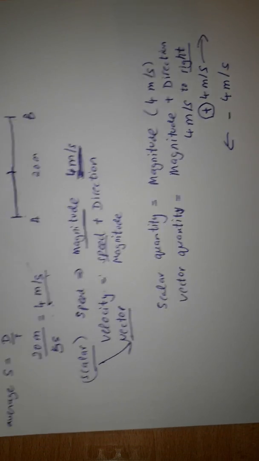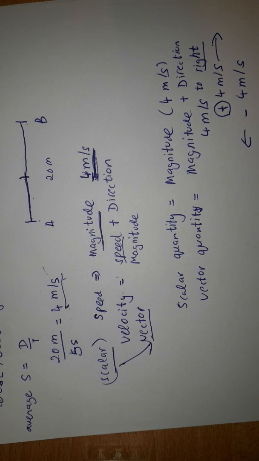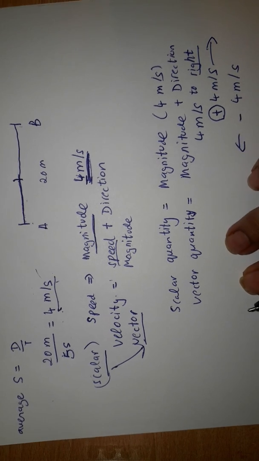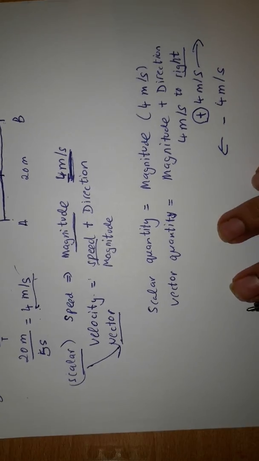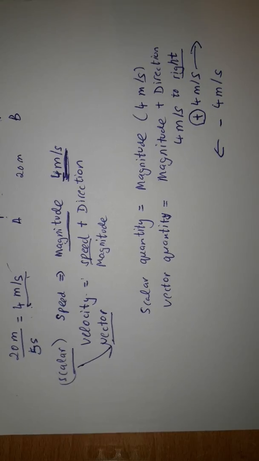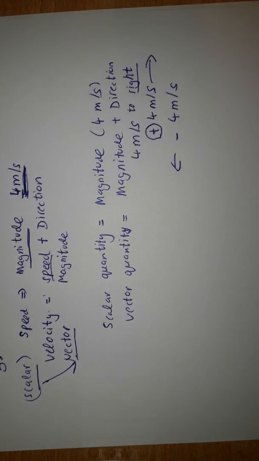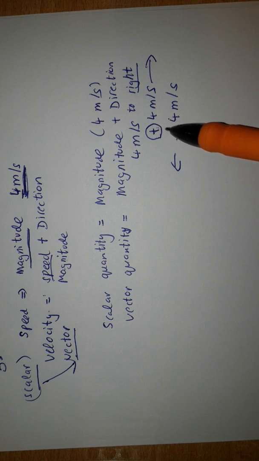Okay. So now that we've covered the introduction about the difference between speed and average speed, and why we take average speed, because it's a lot easier than taking into account the actual speed. We also talked about the difference between a scalar and vector quantity, and the fact that you could represent a velocity, which is a speed plus direction, with a plus or minus sign.